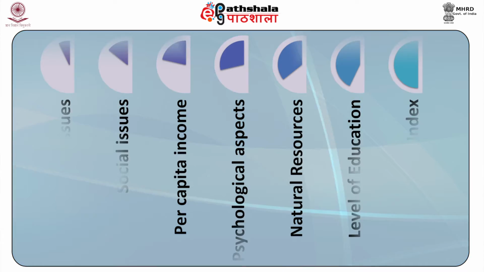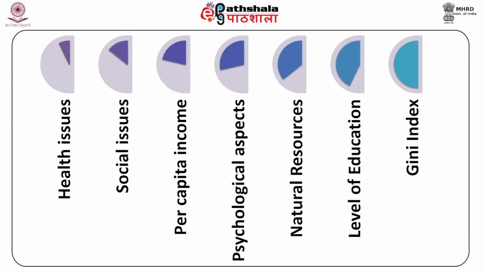These can be measured based on the following factors. First, health issues. Health issues are related to obesity or malnutrition, mental ill health, etc. Second, social issues. Social issues related to life expectancy rate, level of education, status of women in family and society, general trust among the members of society, social mobility and ethnic mix of the society.